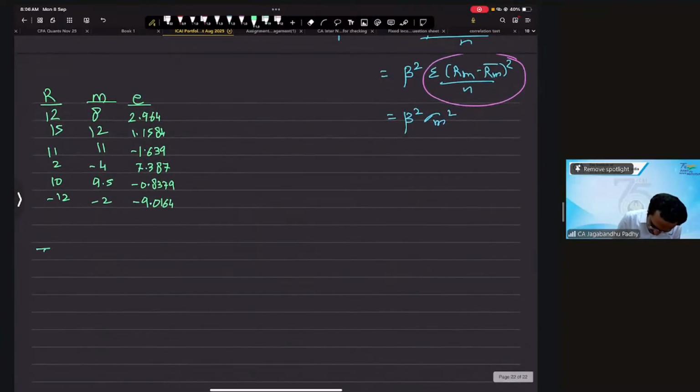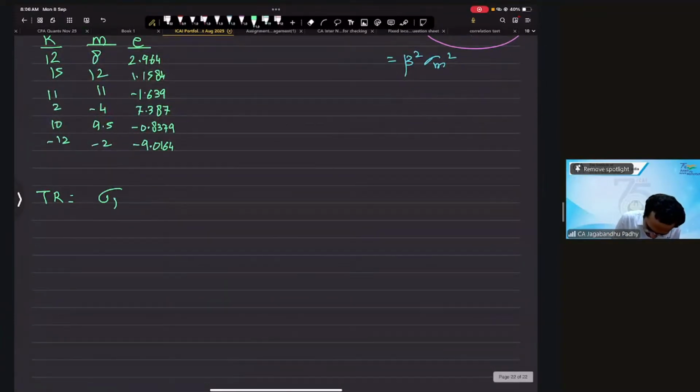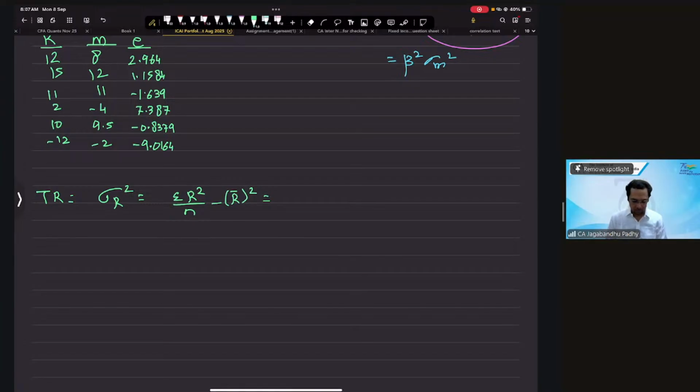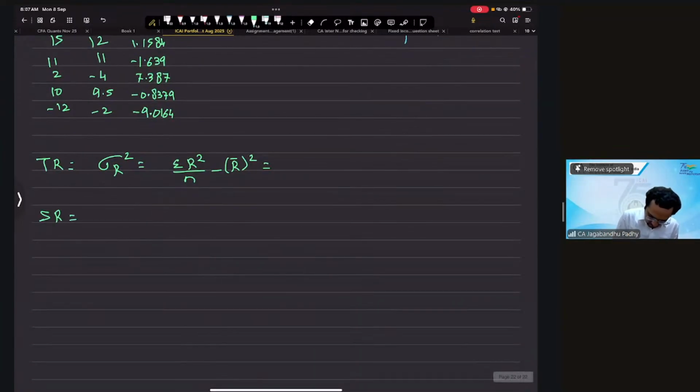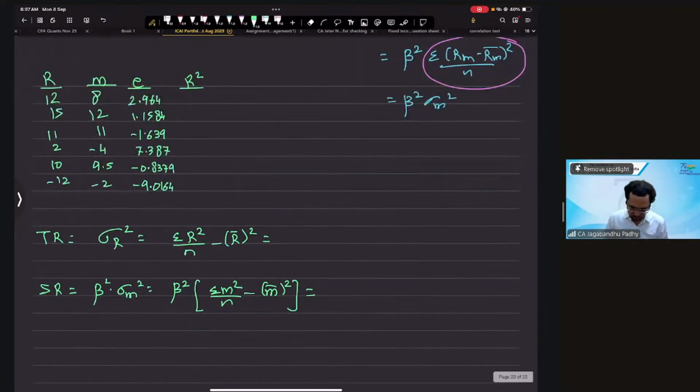We want total risk. Total risk will be equal to variance of the security return, which can be simply obtained as summation of security return square upon n minus average return of A square. So we need R square. Systematic risk is going to be beta square into variance of market, which is summation of market return square upon n minus average market return square.